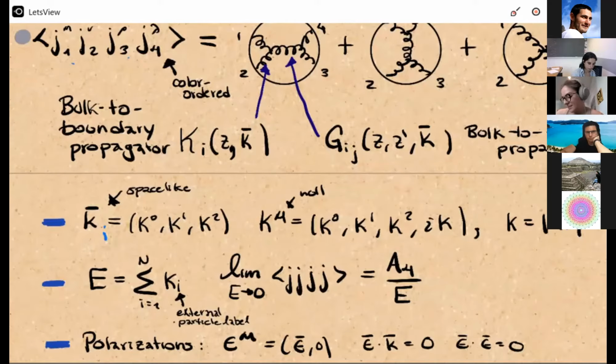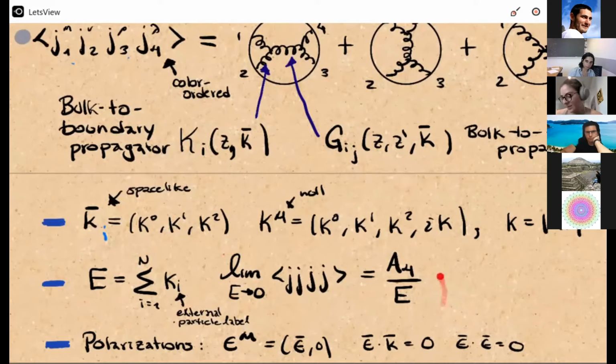In this case, it is known that one of the residues is actually the scattering amplitude in flat space. And the pole is when you take the total energy going to zero, and this energy is just defined as the sum over the k_i's, over all the momenta of the external particles.